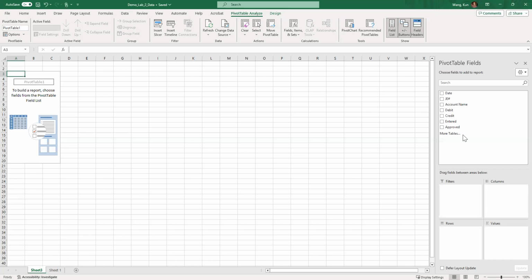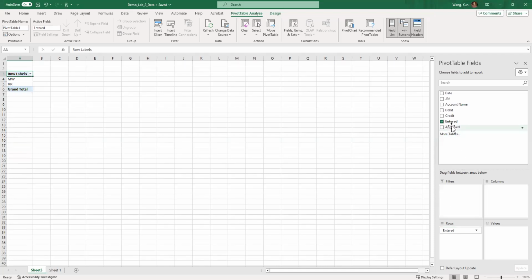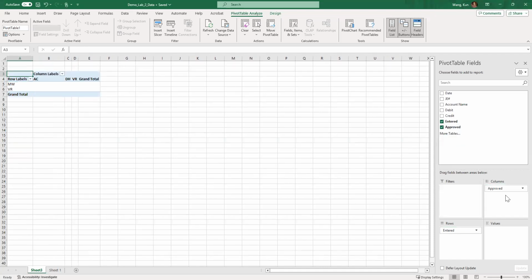Because I'm not looking for a numerical calculation of the transaction amount, I'm looking at the people, so I'm going to drag Entered into the rows, and Approved is the columns. So you construct a two-way table to see if we have any transaction entered and approved by the same person.